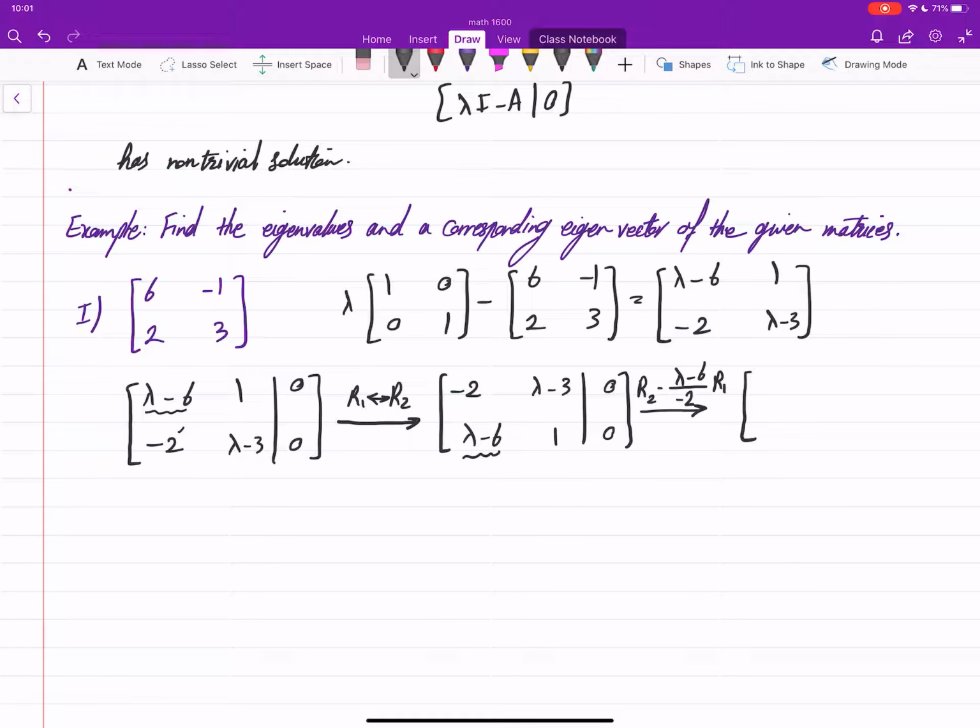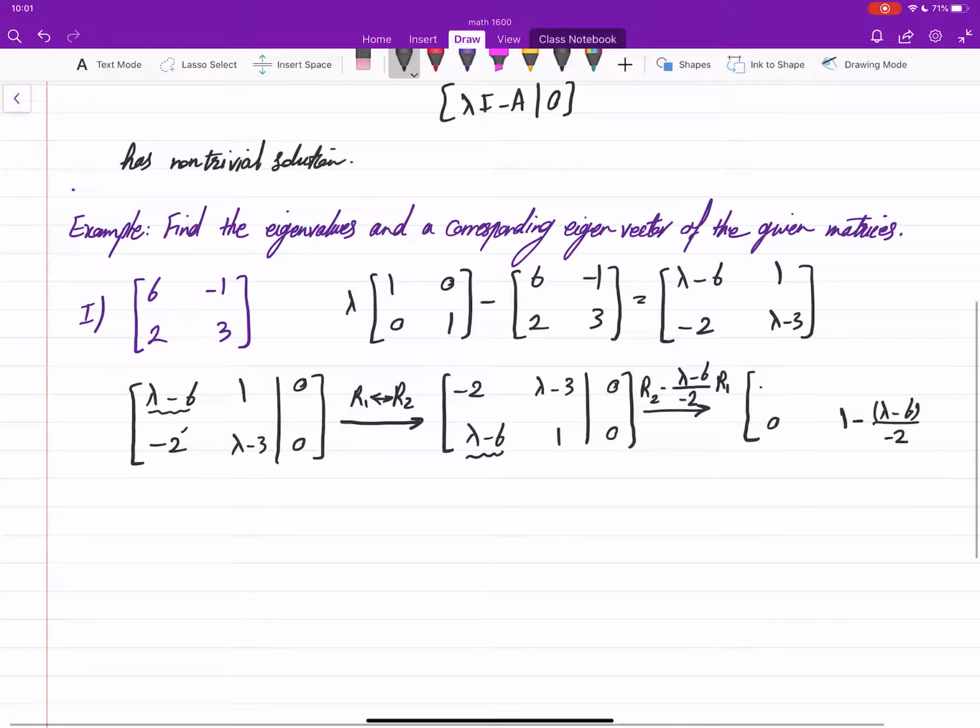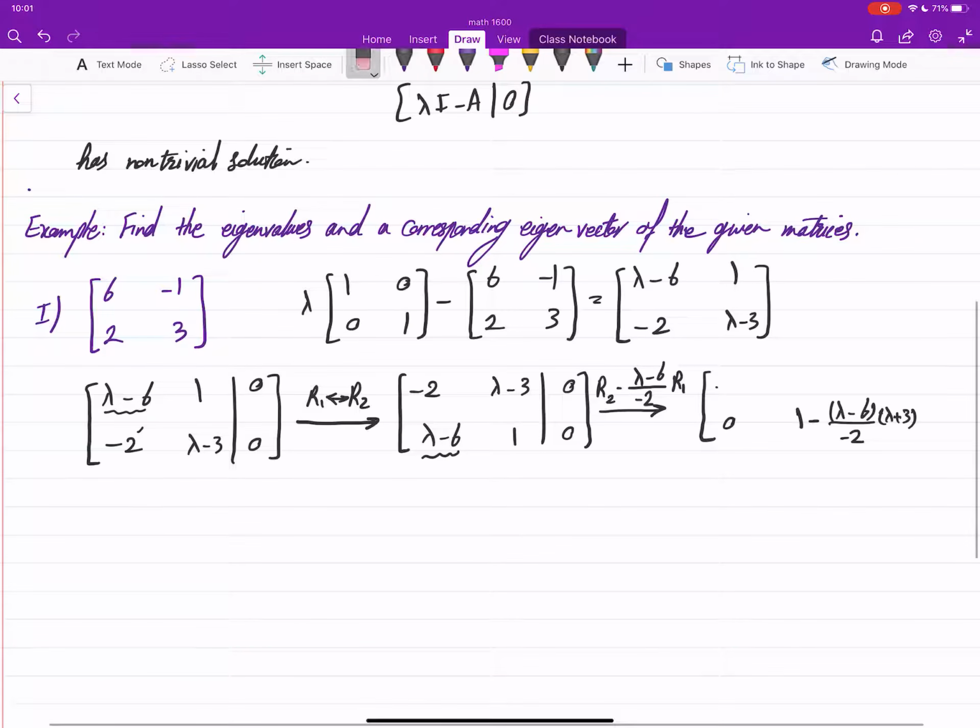So if you do that, this entry here is going to be lambda minus 6 minus (lambda minus 6), which will be 0. Here, however, it will be 1 minus (lambda minus 6) over negative 2 times (lambda minus 3).